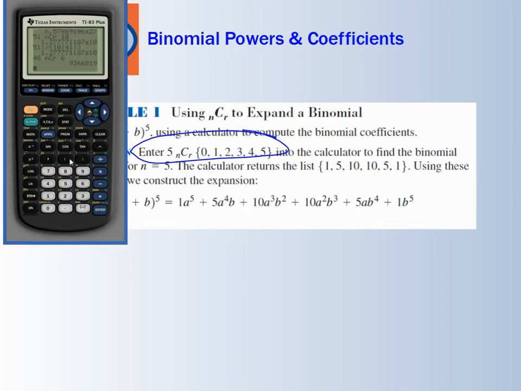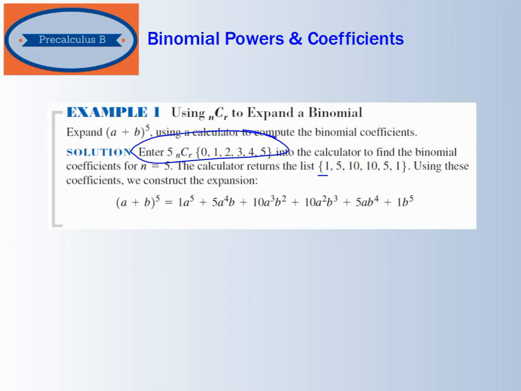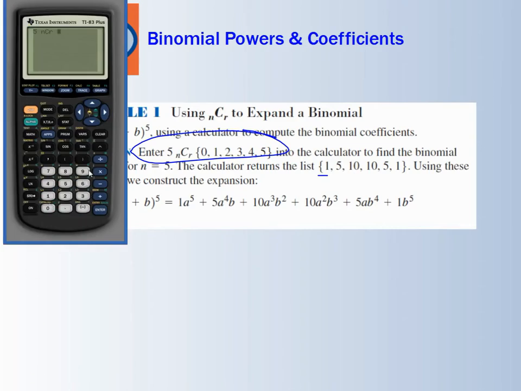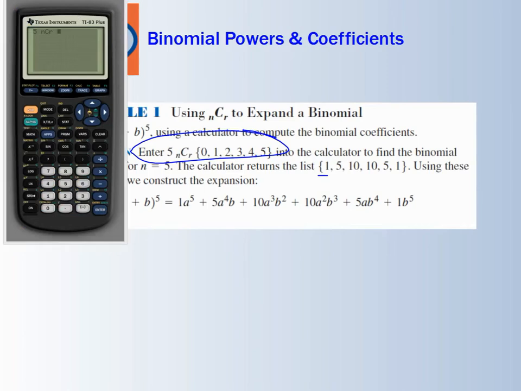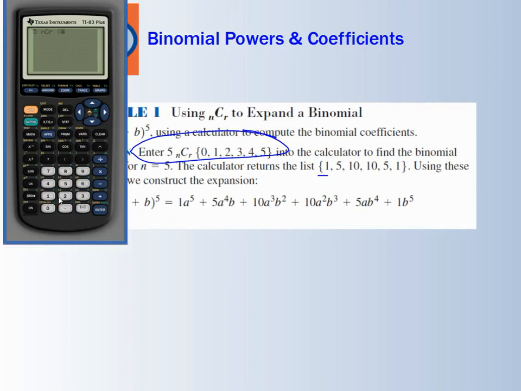In my calculator, I'm going to do 5, go into math, probability, and choose nCr, but now I want to do that entire list. In order to do the list, we need to use this same bracket that we see here. That button for the list is hard to see in my picture, but if you hit second and the left parenthesis, it gives you the button for list.